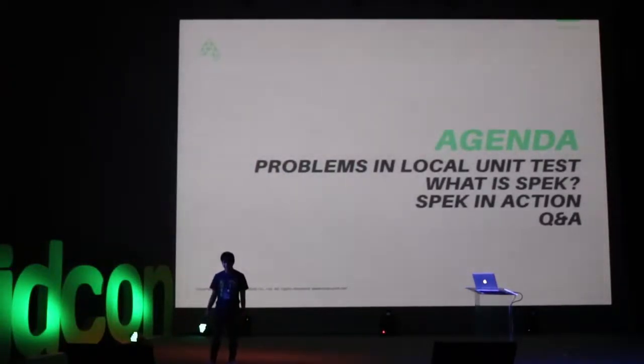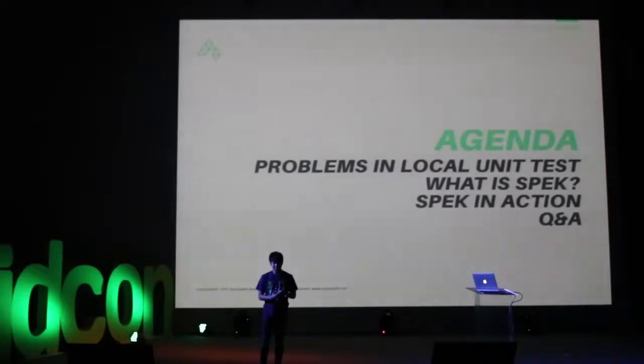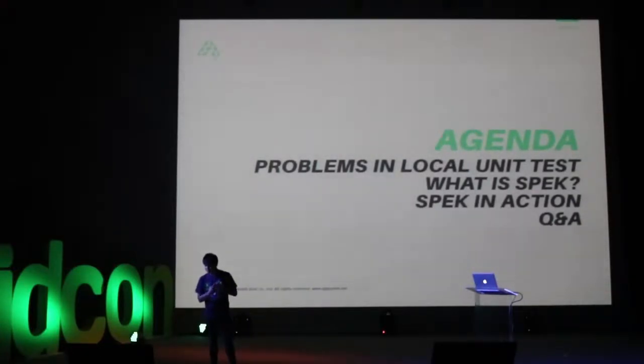today I'm going to be talking about Spek, which is a testing framework written in Kotlin. So here's our agenda. There's a little bit of a problem in our current situation in unit test, then what is Spek, and we're going to see it in action, and then we do a QA, right?